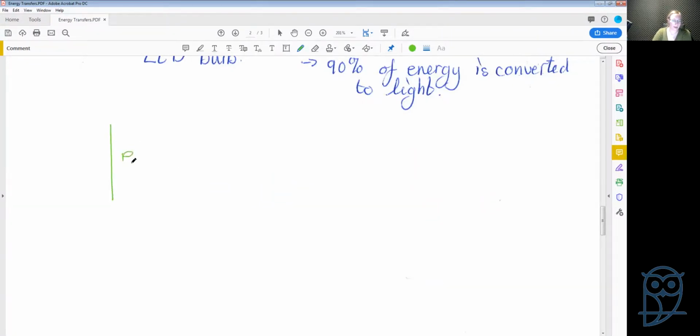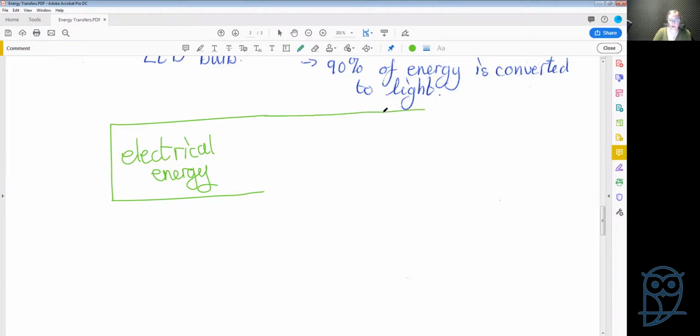This will be our electrical energy, and this is then going to get turned into two different kinds. Here we've got our output energy, which is light energy that we want, and that is our output over there.